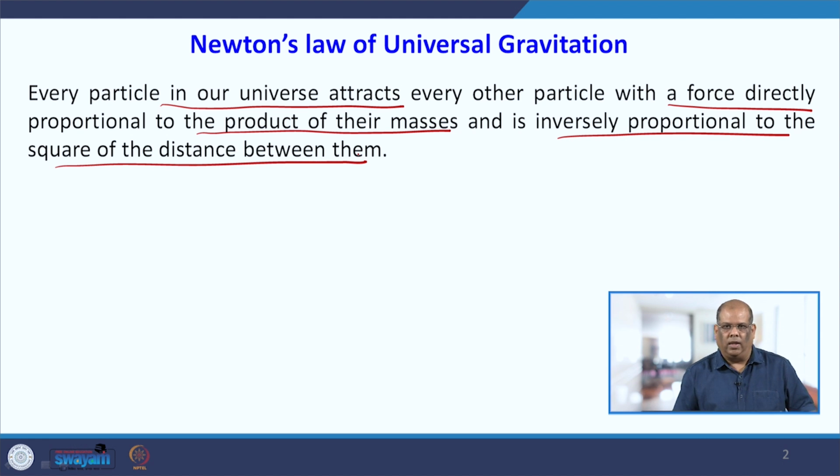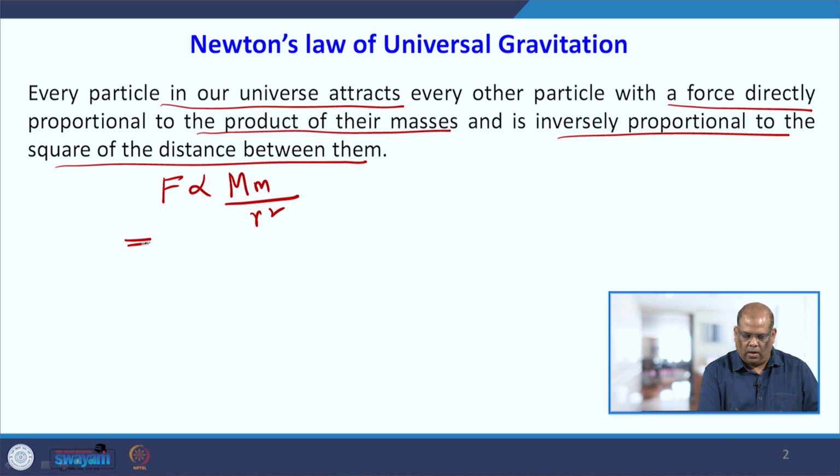If you want to write this mathematically, then that force varies directly as the product of the masses and inversely as the square of the distance between them. And we get the formula F = G m1 m2 / r², where this capital G is called the universal gravitational constant.